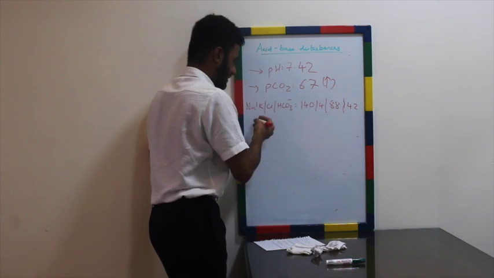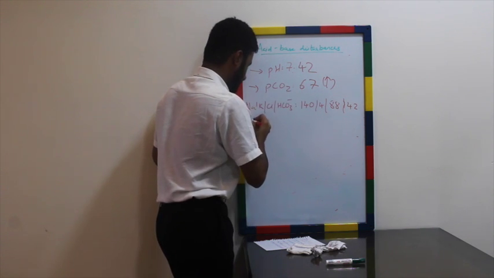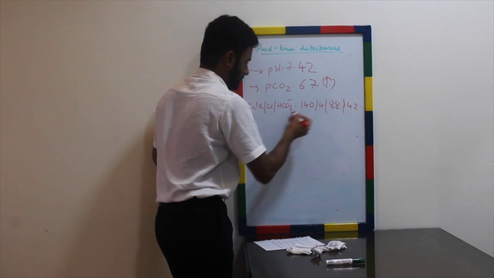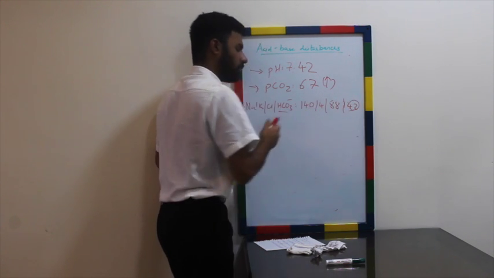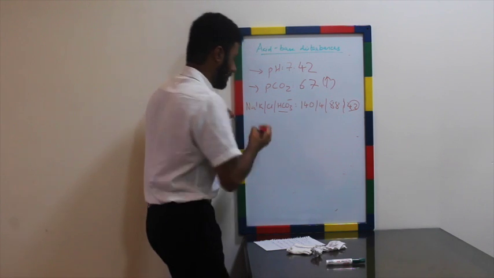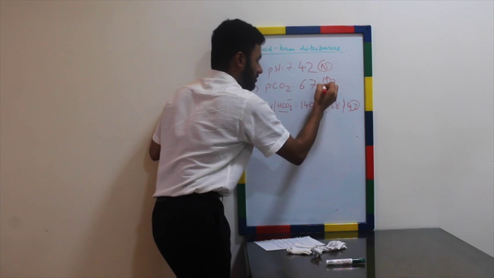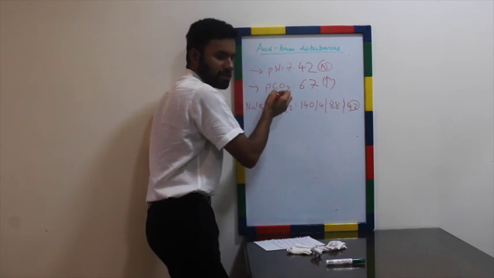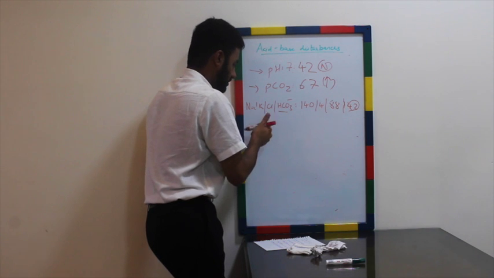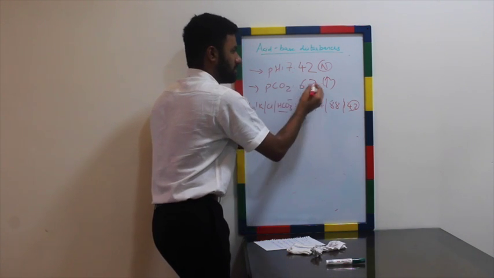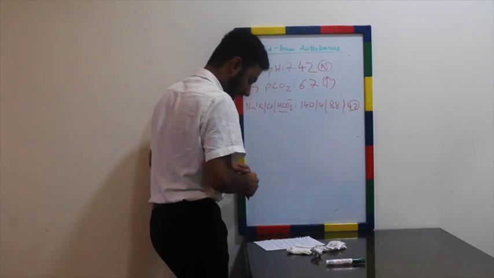So immediately you can say that there is a mixed disorder, a mixed respiratory acidosis with a metabolic alkalosis. The bicarb is increased, this is a metabolic alkalosis. pH is normal, PCO2 is increased, and in such a case, the directional change in PCO2 identifies the type of respiratory disorder. So you have a mixed respiratory acidosis with a metabolic alkalosis.